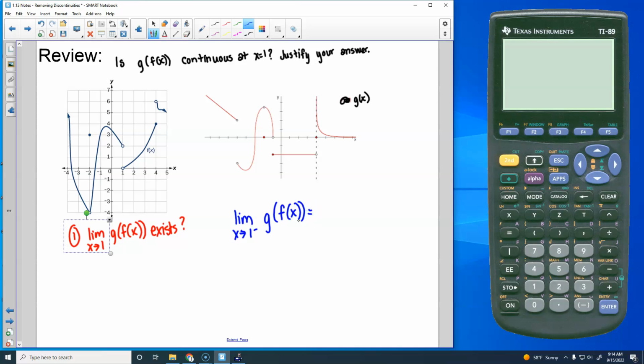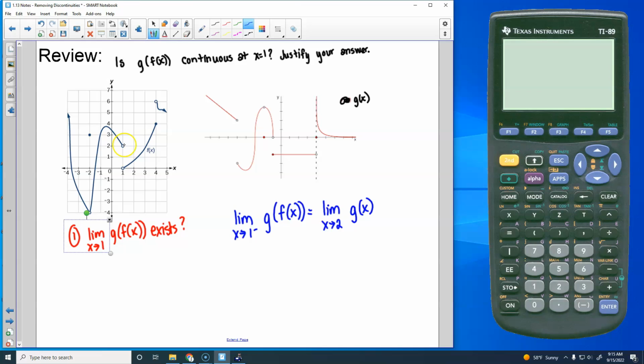It's been a little while since we did these. So I do the limit of f first. So from the left-hand side, what value does f approach? 2. So that means now we'll be doing the limit as x approaches 2 of g of x. Now, let's remember we also have to pay attention here. As we approach from the left, are our values coming from above or below or both sides?